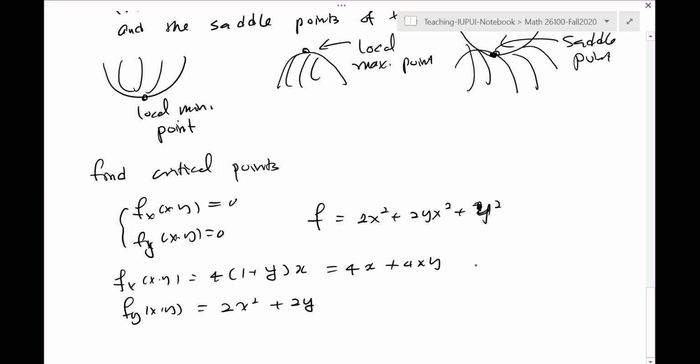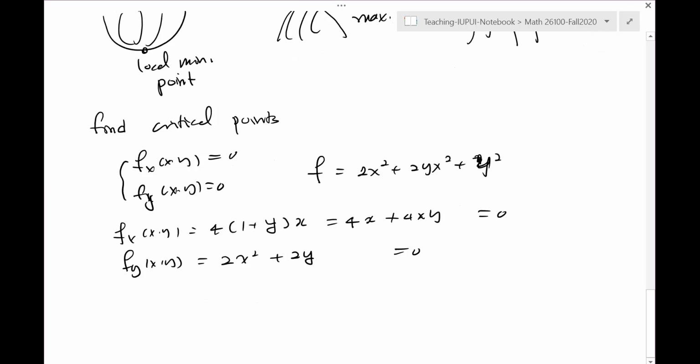Now when you set this to be 0, I think the trivial solution would be x equals 0, y equals 0. That's obvious. When x equals 0, then y is going to be 0 too, right?